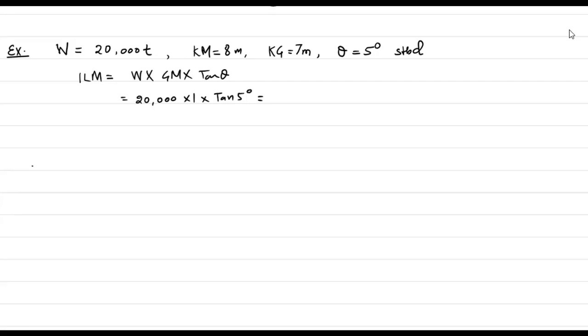I have taken a simple number just to understand the concept, and then we will keep building on it. 20,000 into 1 into tan 5, small vessel, gives 1749.773.